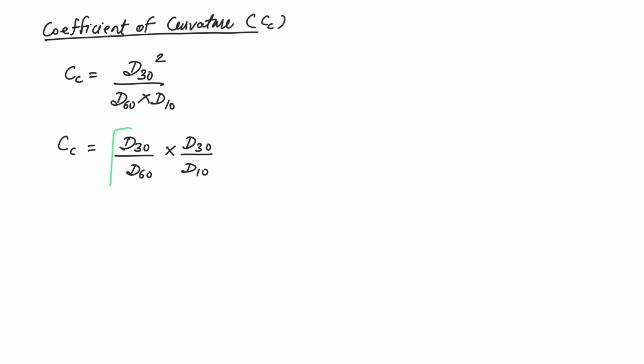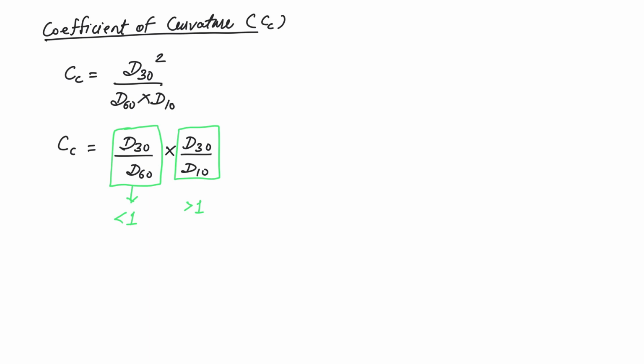So this ratio will always be lesser than 1, whereas this ratio will always be more than 1. Fine. So let us suppose if all the solids are of equal size, then this Cc will become equal to 1.